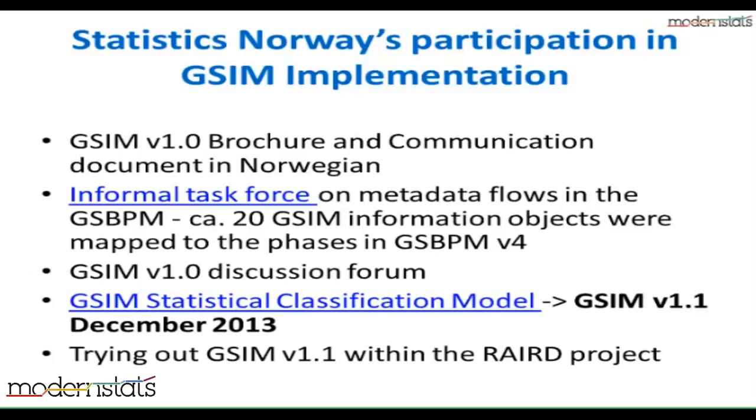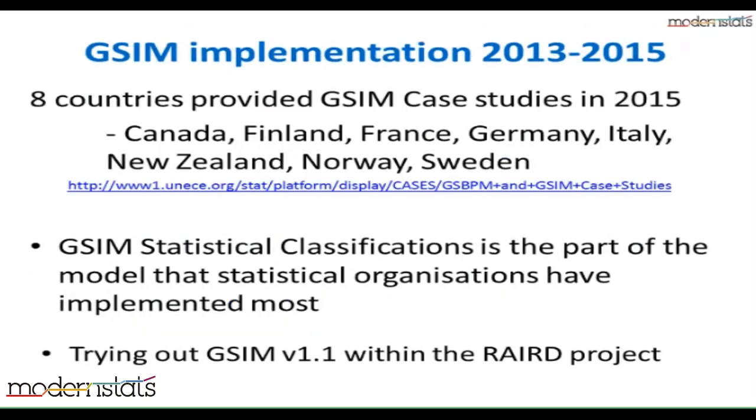And then we contributed to the statistical classification model, which was released in version 1.1 in December 2013. And we are currently trying out GSIM version 1.1 within our RARED project. So I think it's fairly clear to see that Statistics Norway supports the GSIM and recommends the GSIM. Otherwise, we wouldn't have done this much work on it.